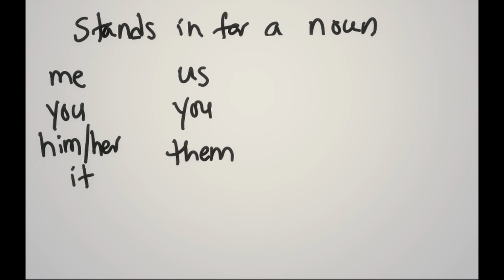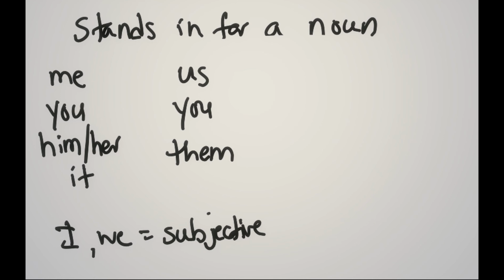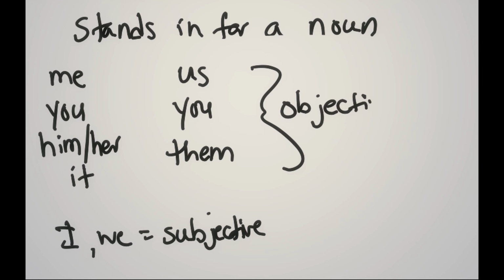So what kind of pronoun do you think this is? If we know that I and we are subjective, so these are the subject, what happens when a pronoun is switched to be an object? These are called objective pronouns.